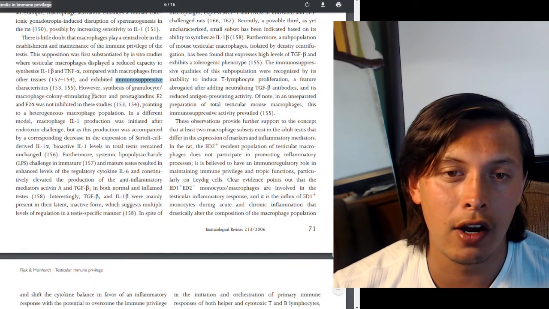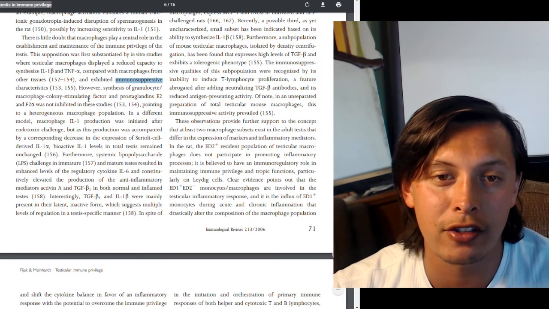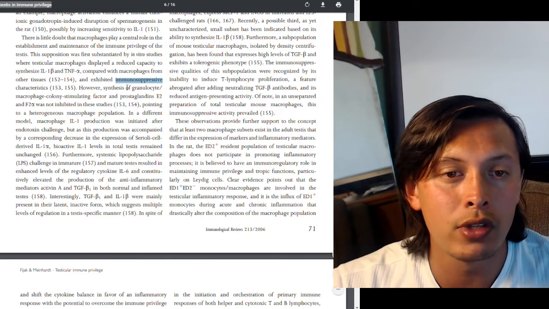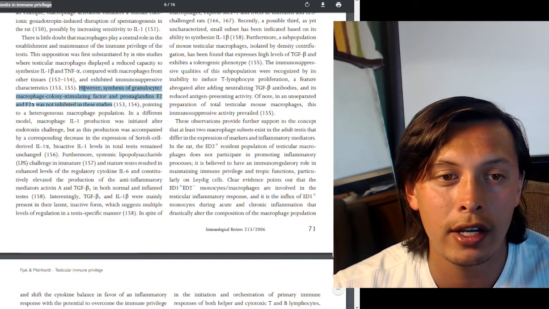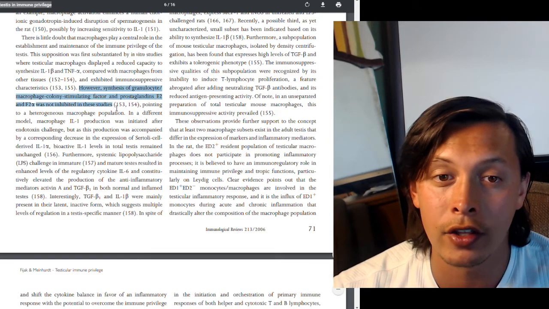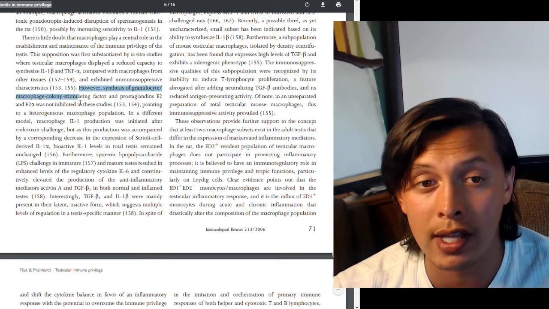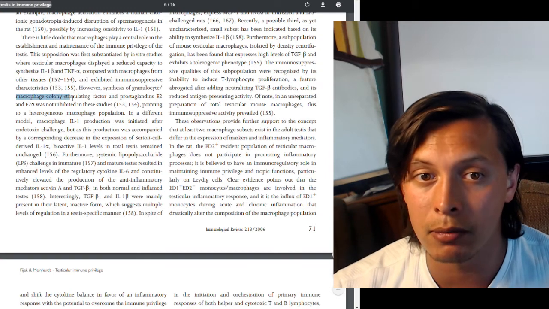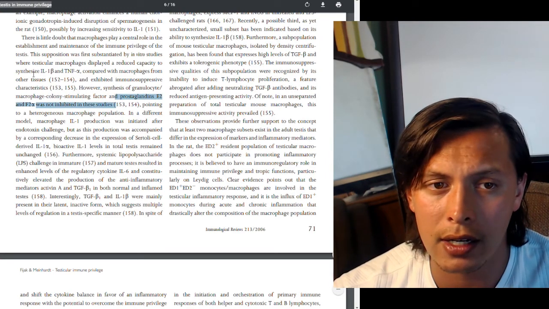However, synthesis of granulocyte macrophage colony stimulating factor and prostaglandins E2 and F2 alpha was not inhibited in these studies. So it sounds like they are releasing other types of hormones that we associate with stimulating the immune system, if I remember correctly.